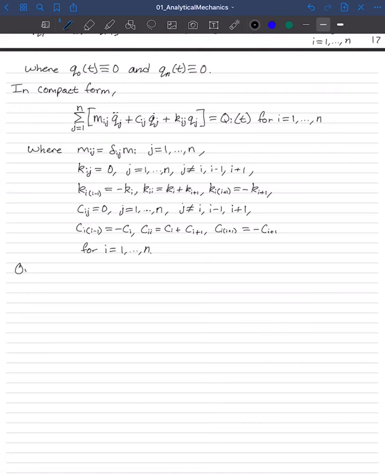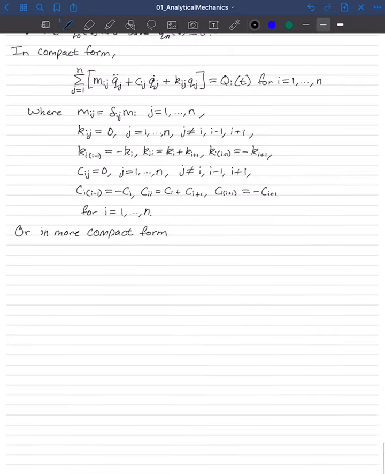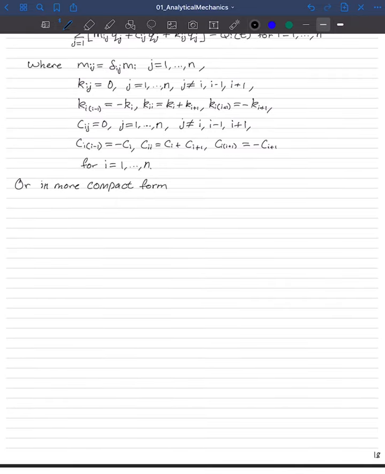Alright, or in an even more compact form, we can write that we have a matrix M. In fact, M with a double underline will represent a matrix right now, times Q double dot, which is a vector, plus matrix C times Q dot vector, plus matrix K times Q vector is equal to capital Q vector.